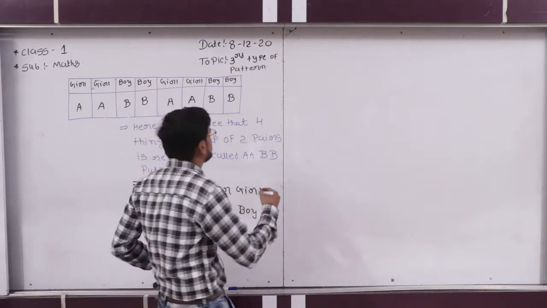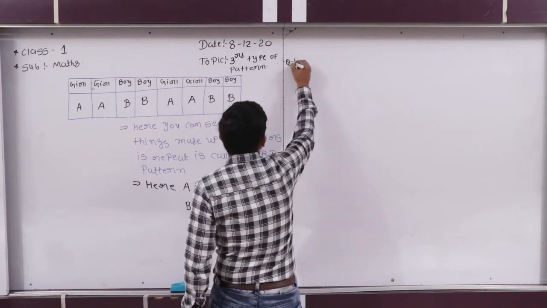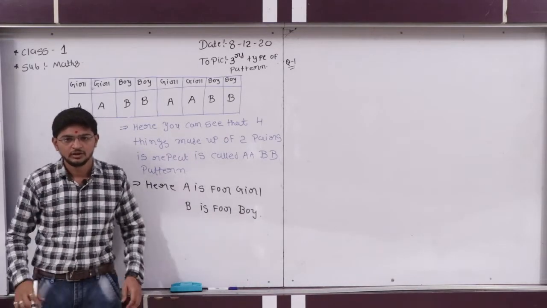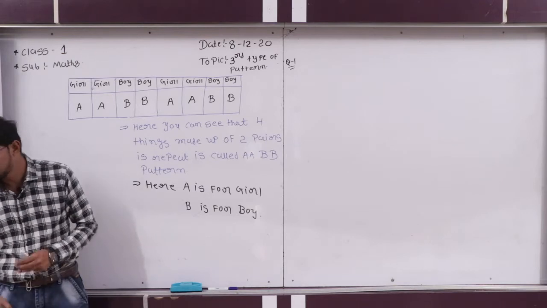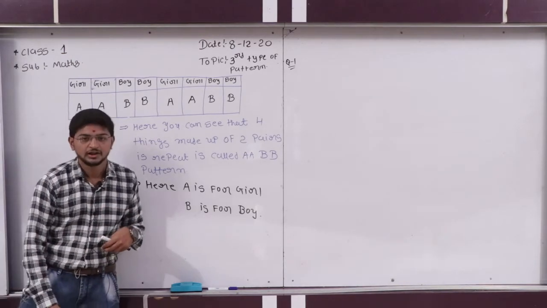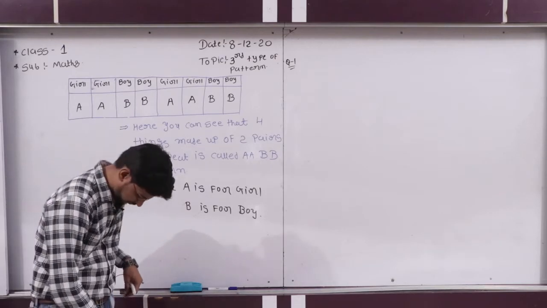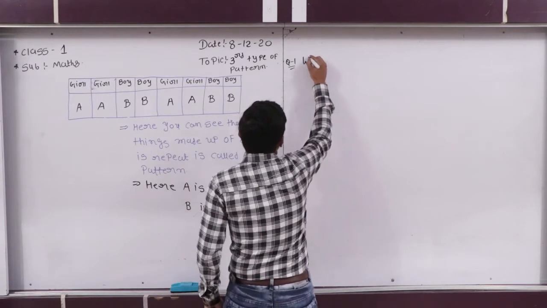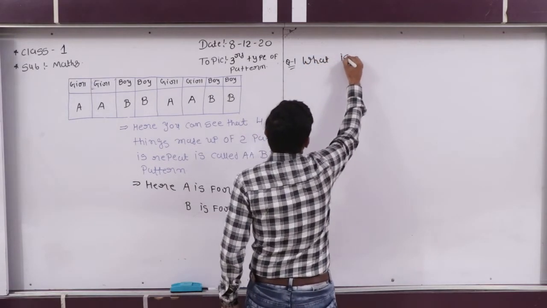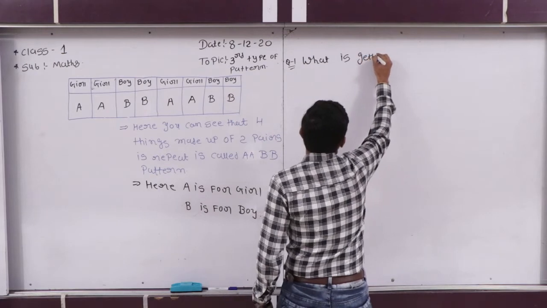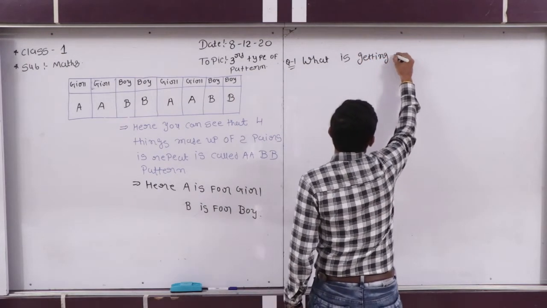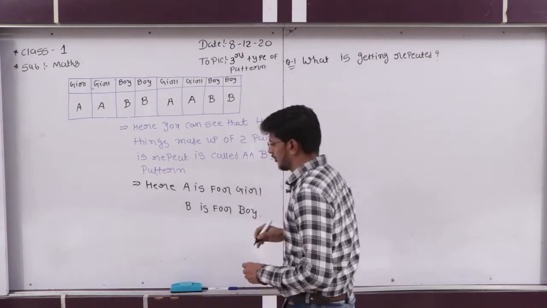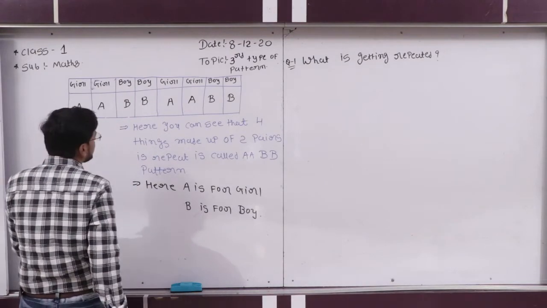Question 1. What is getting repeated? You can see in the table which things are repeated here.